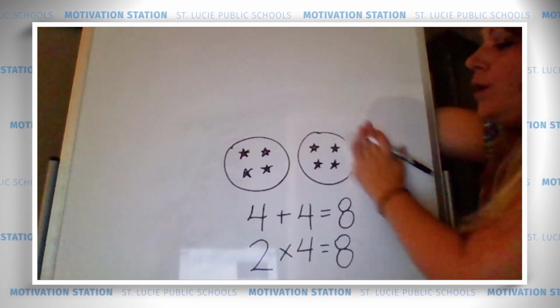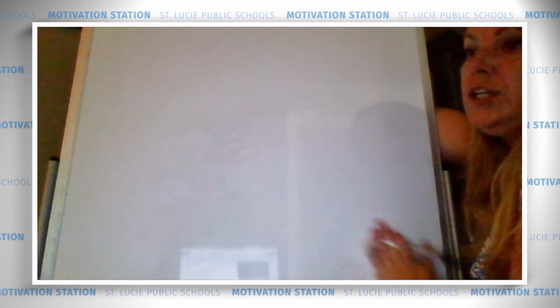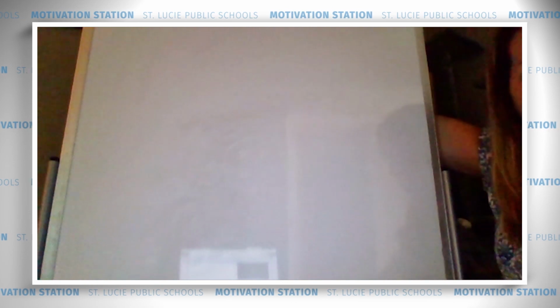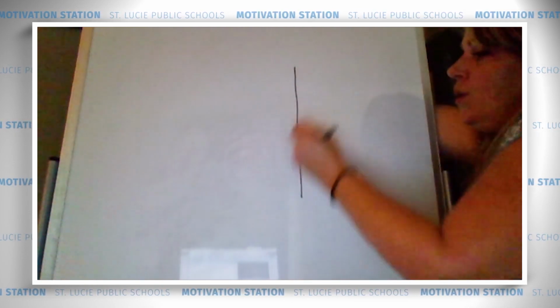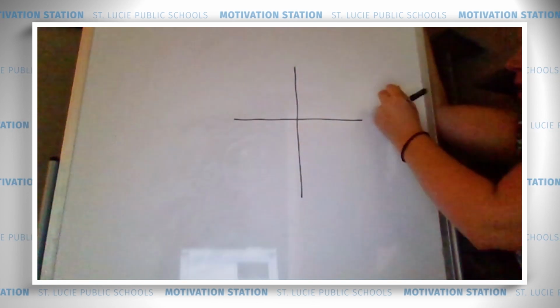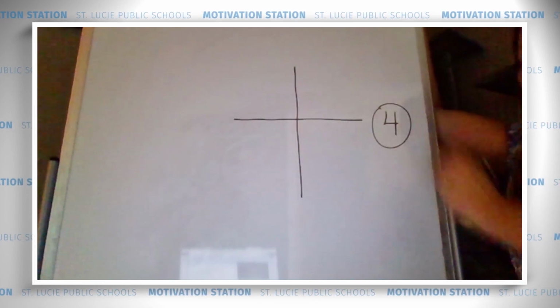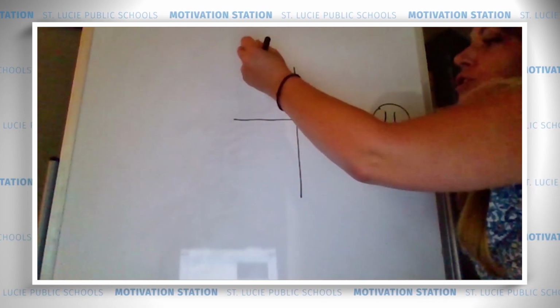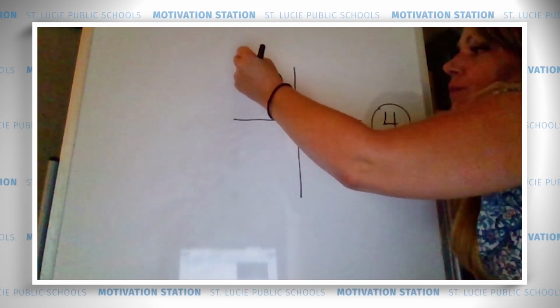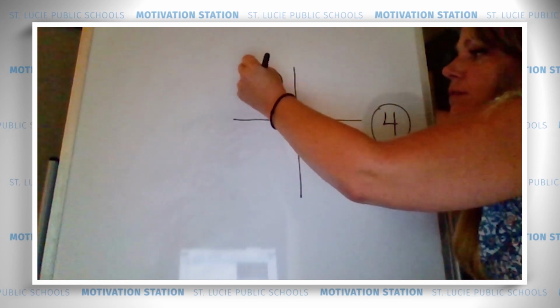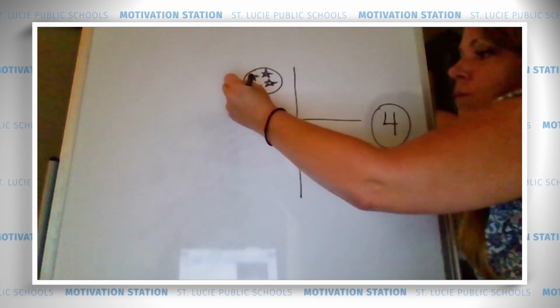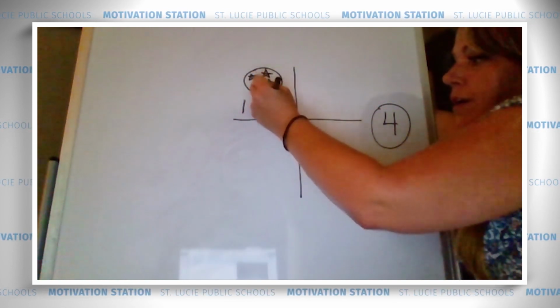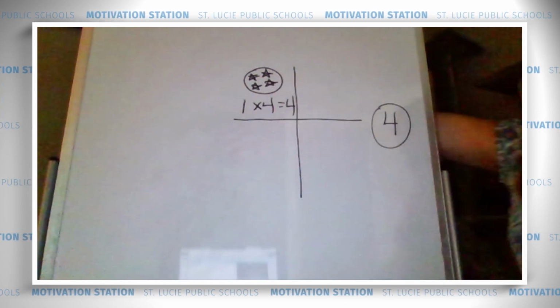Yesterday, we wrote that there's more than one equation for a certain amount of stars. So let's just review that really quickly. Remember, we were talking about, let's say if I wanted a total of 4 stars. What are all the different ways I could make that? Well, I could do one group of 4 stars. 1 times 4 equals 4.